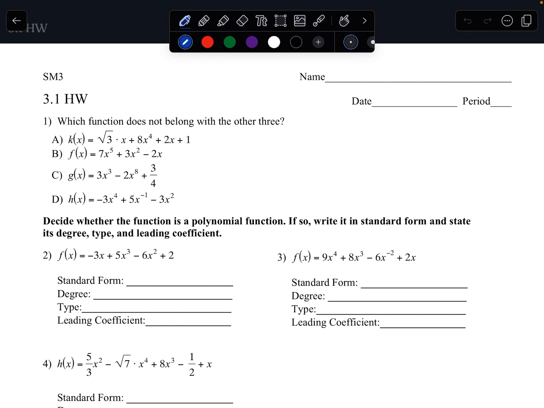3.1, which function does not belong with the other three? The thing about these functions is really not how they look, but what type of function they are.